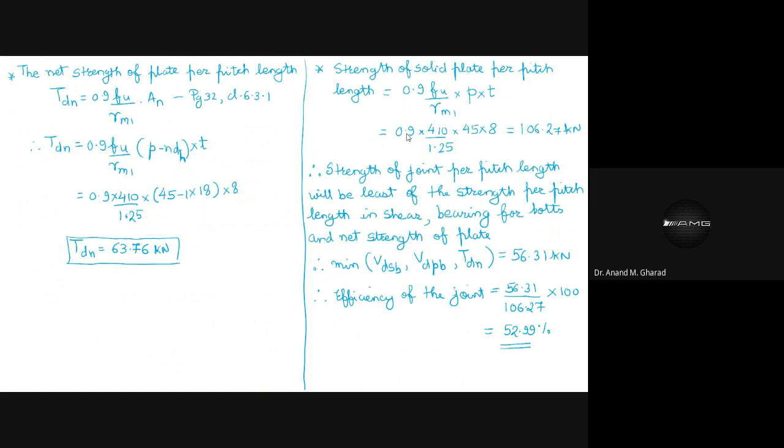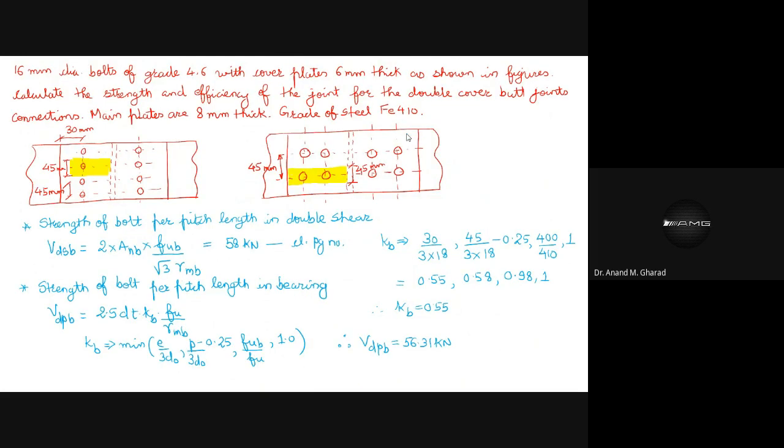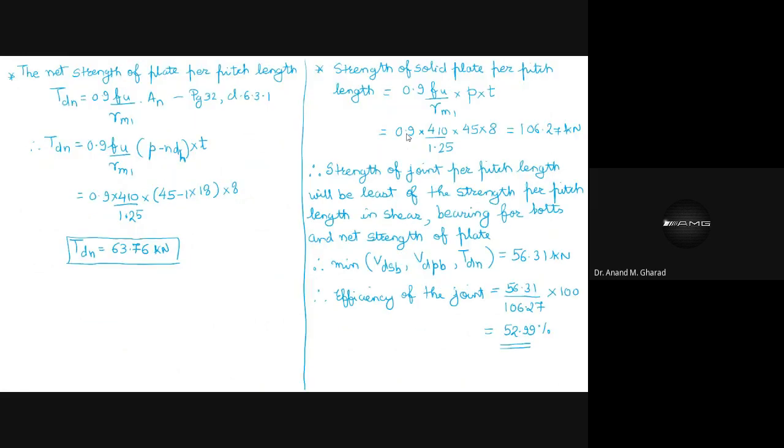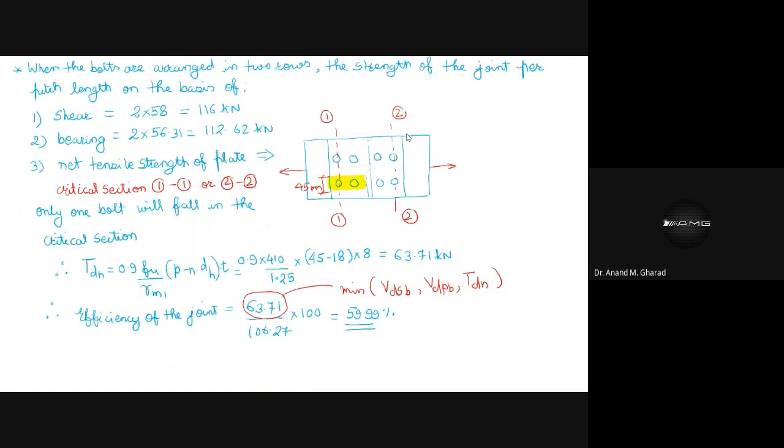This has to be done in order to calculate the rupture capacity of the plate and bolt capacity as well, because we need to find out the overall efficiency of the joint. And when we say joint, in that case we will have the fasteners, that is the bolts, and the plate as a whole, right?